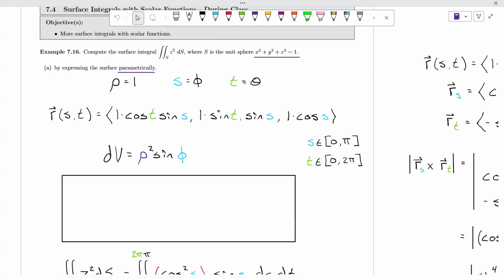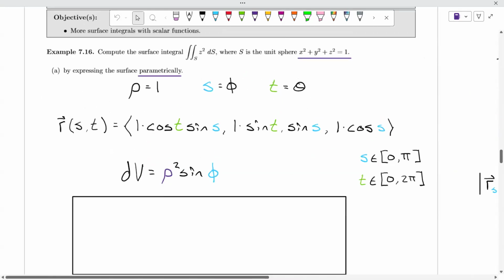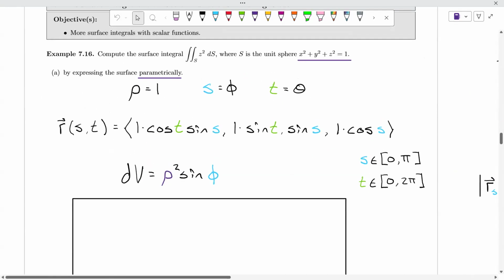So what we want to do is compute the surface integral of z squared dS, where S is the unit sphere. And we're going to do it twice. Or we're going to look at it having been done twice. First, we're going to do it parametrically, and then I'm sure we'll do it explicitly right after that.